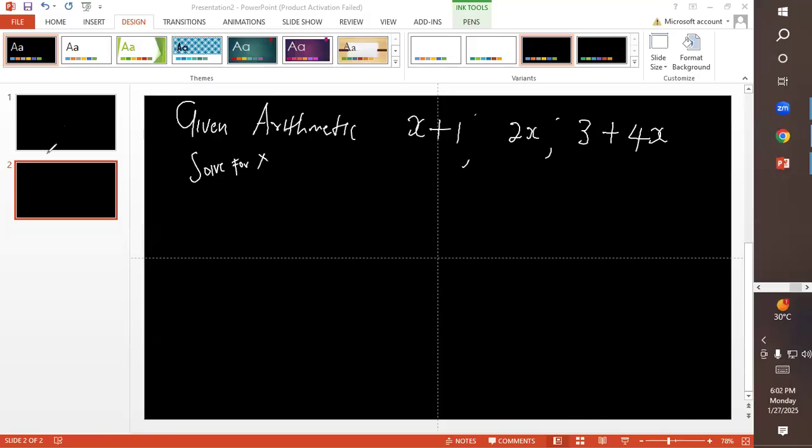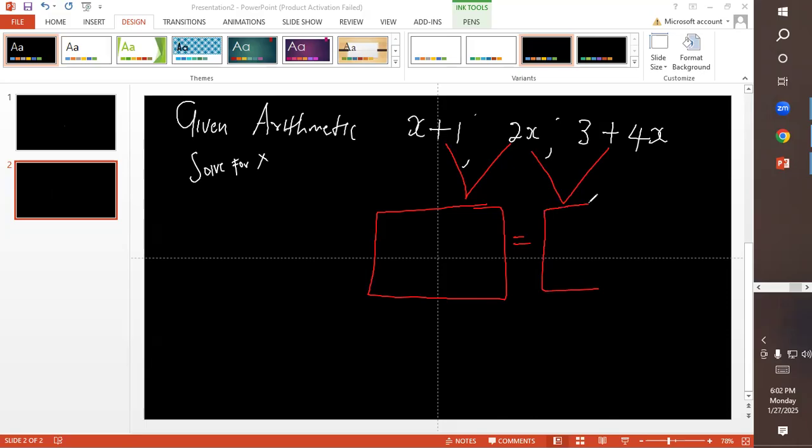You know that an arithmetic sequence has a common difference. So term 2 minus term 1 is equal to term 3 minus term 2, according to the definition of an arithmetic sequence. Now let us look at term 2 minus term 1.